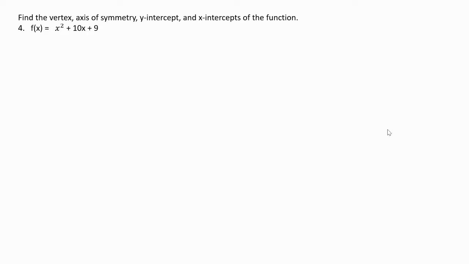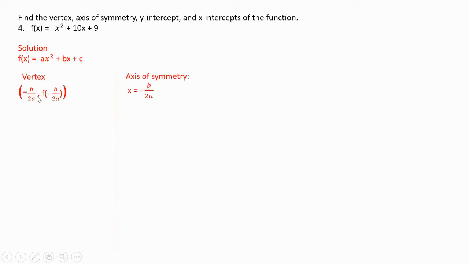Okay. Now, number 4 is find the vertex, axis of symmetry, y-intercept, and x-intercepts of the function. The function is f of x equals x squared plus 10x plus 9. So for the solution, we have to know what the a, the b, and the c stand for. This is my vertex: negative b over 2a, and f of negative b over 2a.